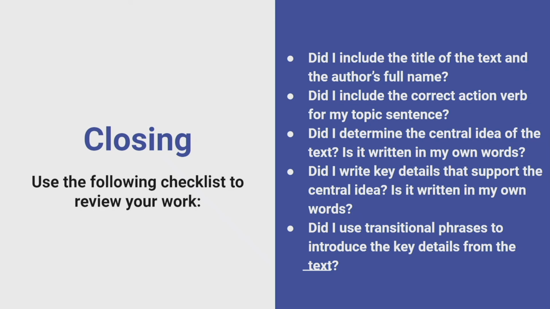Did I include the correct action verb for my topic sentence? Did I determine the central idea of the text? Is it written in my own words? Did I write key details that support the central idea? Is it written in my own words? Did I use transitional phrases to introduce the key details from the text?